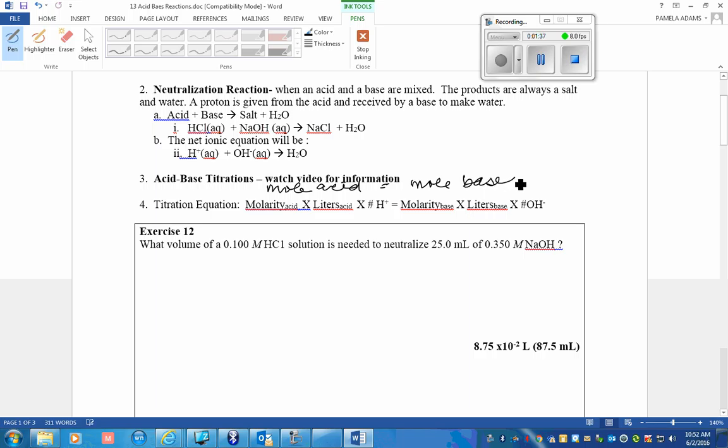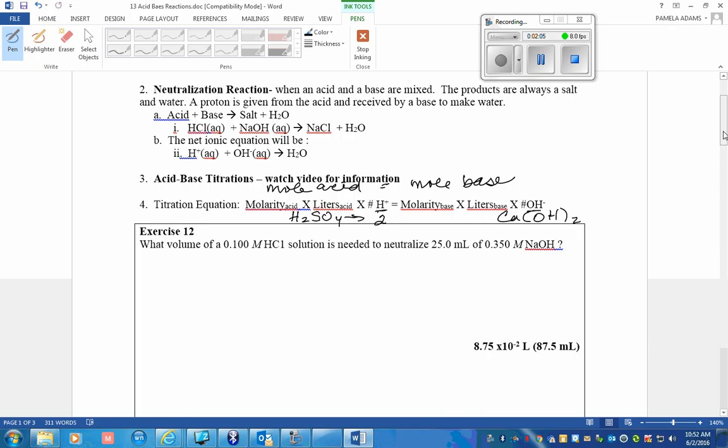We'll go into this in much more detail later. But all you have to know right now is that at neutralization, the moles of the acid equals the moles of the base. You do need to take into account the number of protons, hydrogen ions, that an acid can furnish. For example, sulfuric acid has 2, calcium hydroxide has 2 OH.